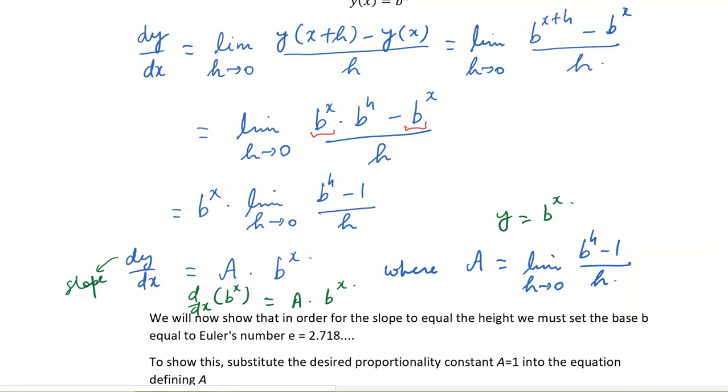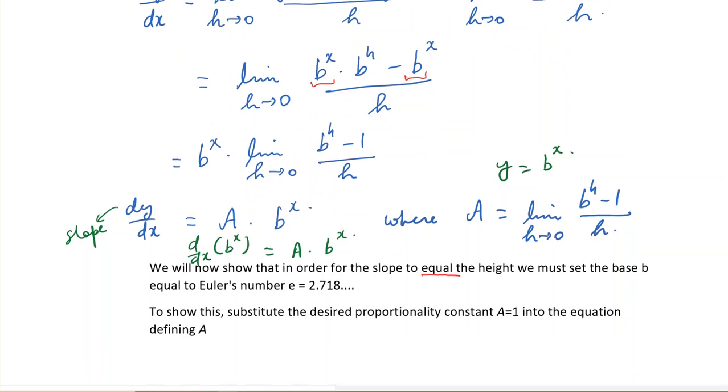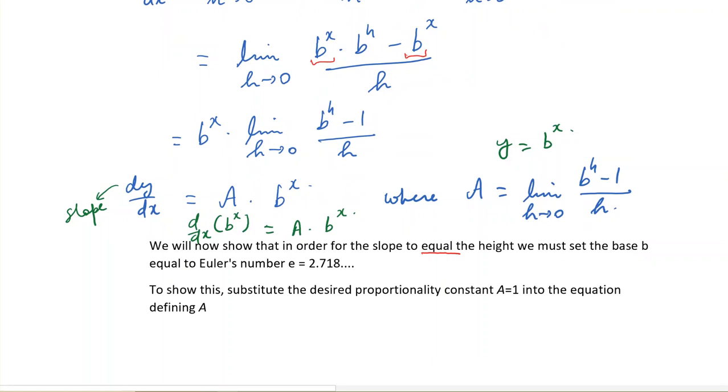So if you want this slope to be equal to the height, it means we must have a equal to 1. So that will help us to make slope equal to height. Alright, and this happens when we have a special base, and that base is number e.